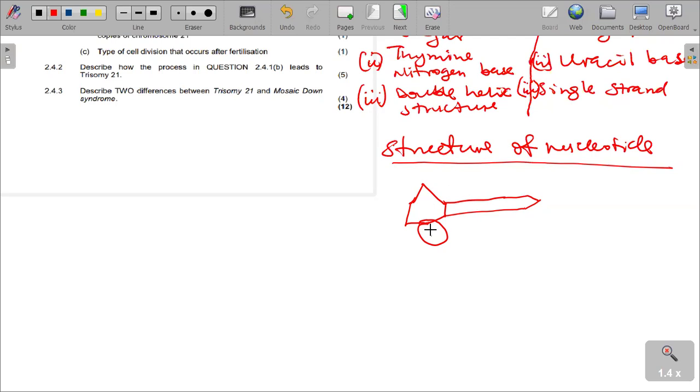In this block we can have the deoxyribose sugar, then the nitrogen base, and the last, the circle below there, is the phosphate group.